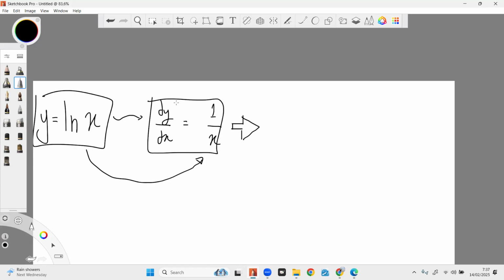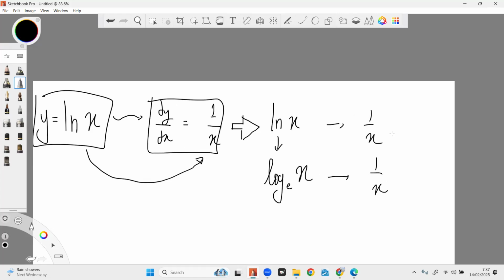Okay. So ln means natural log, ln x. Ln can be treated as log of base e, log e x. If you derive, you will get 1 over x.